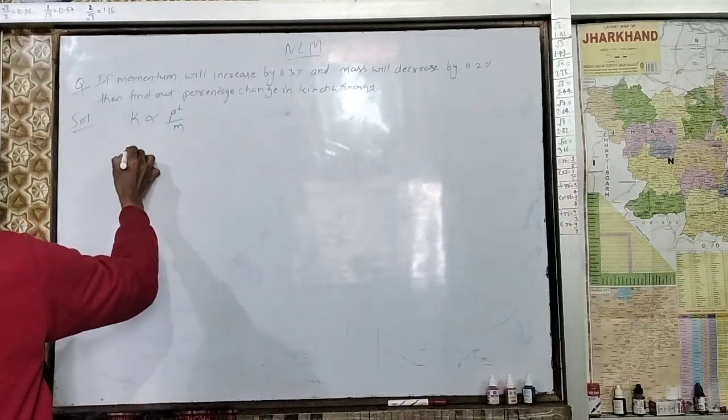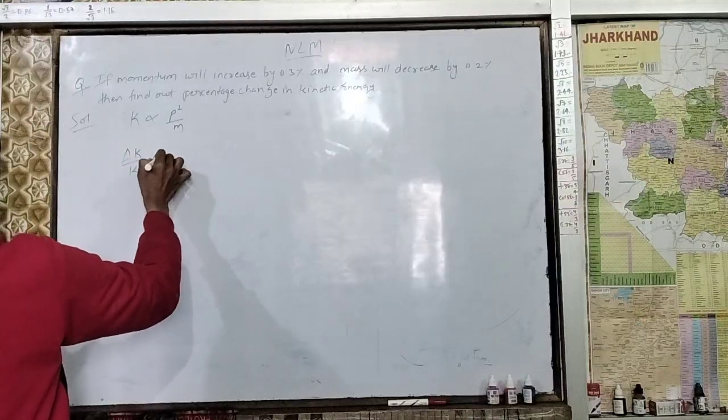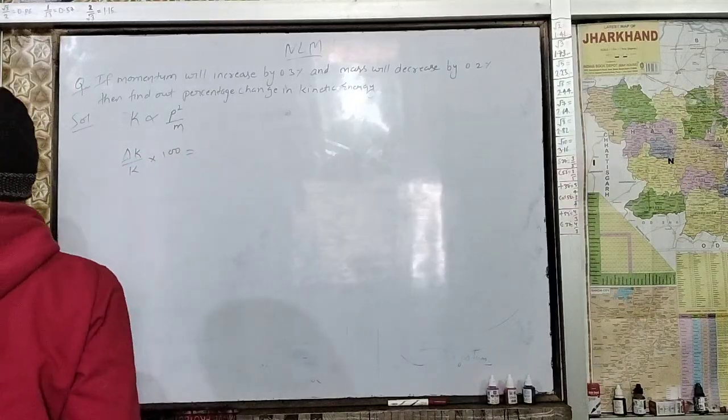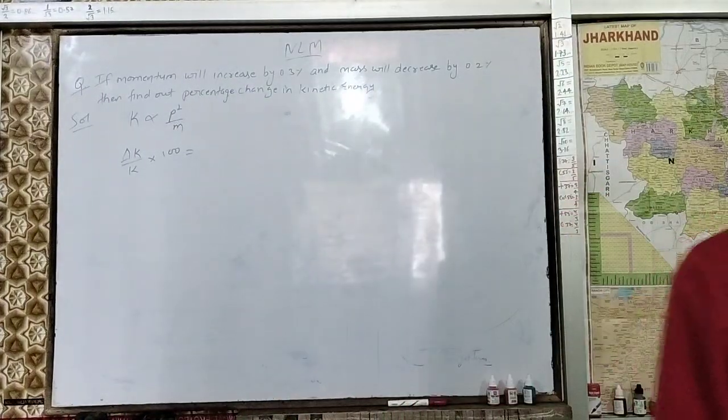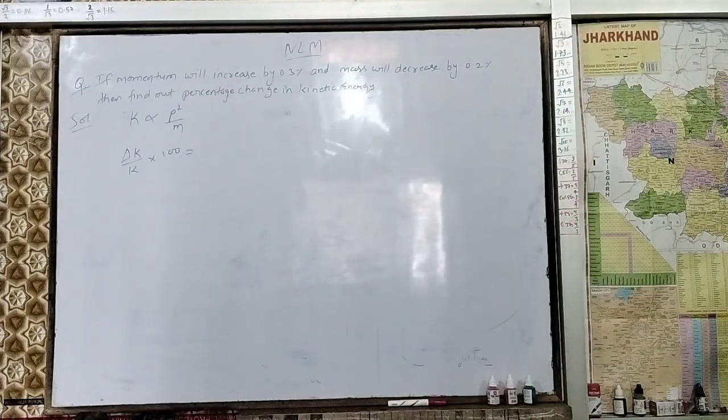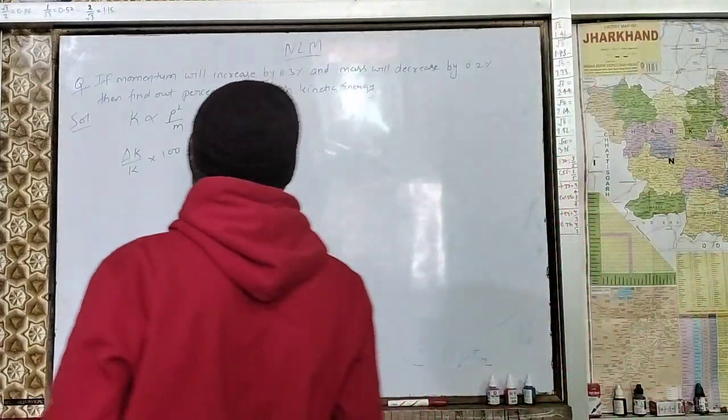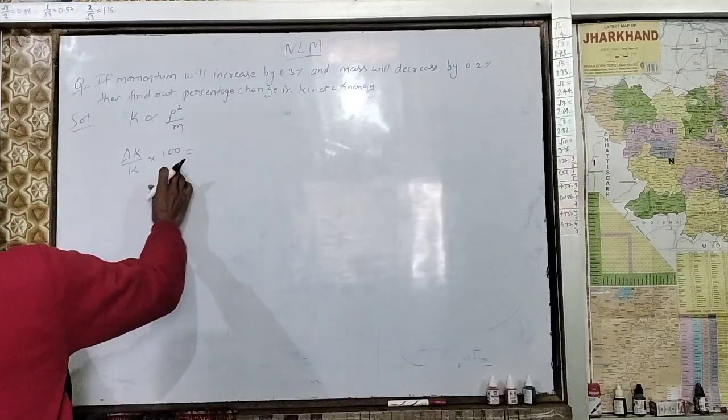This can be written as delta K upon K multiplied by 100. Now let's convert this form into another form.